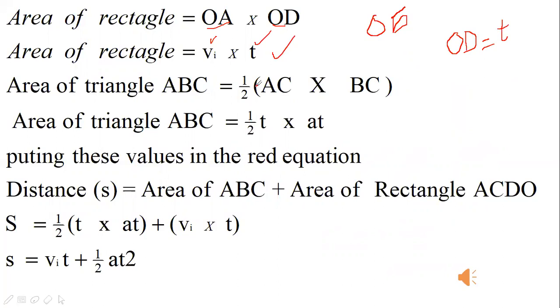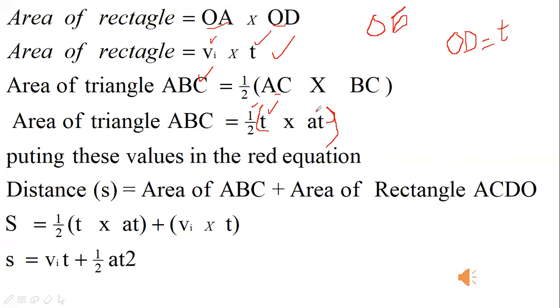The area of the triangle ABC is equal to 1 divided by 2 times AC cross BC. Here is 1 divided by 2, and in brackets, in place of AC, you will write this one.